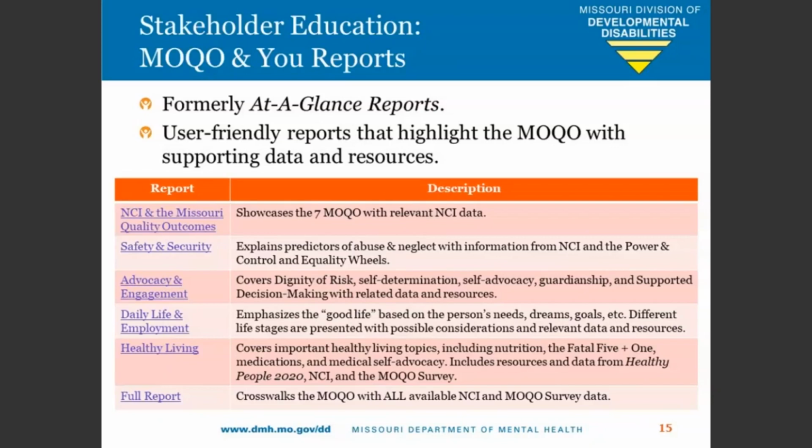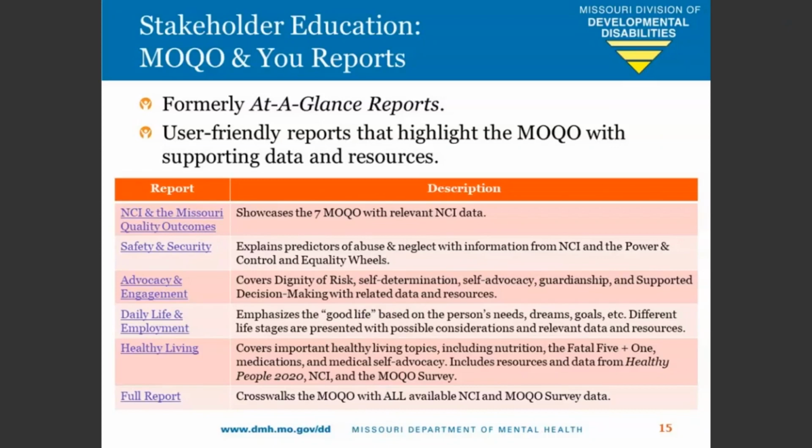We also have a healthy living report, which goes over healthy living topics that are important not only for people with disabilities, but for everyone. It provides nutritional considerations.